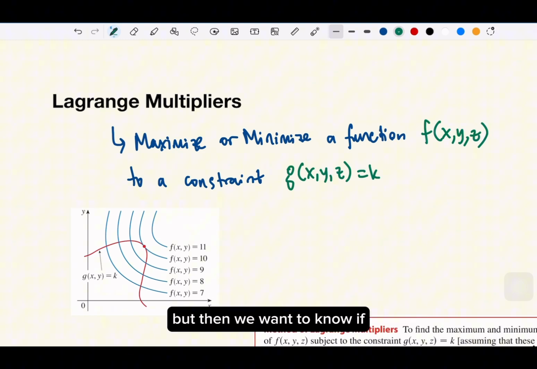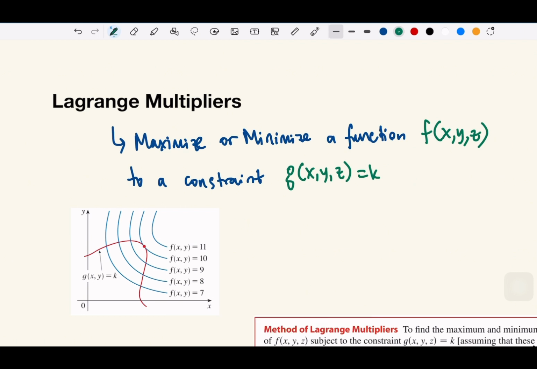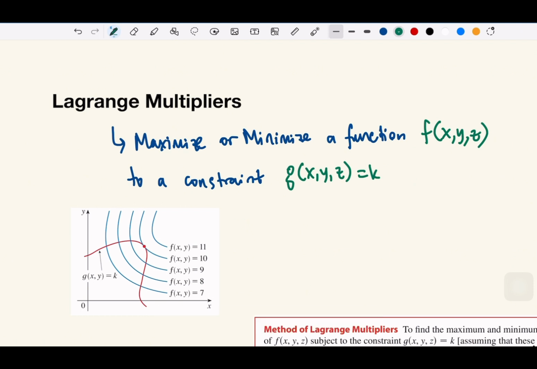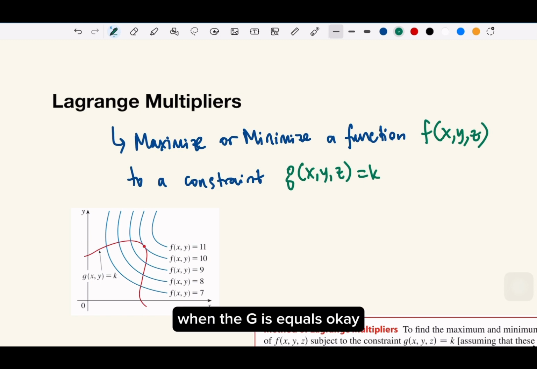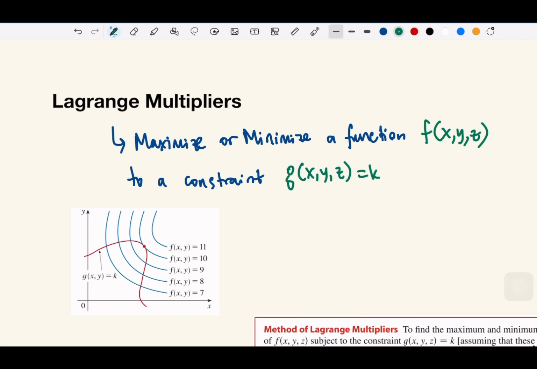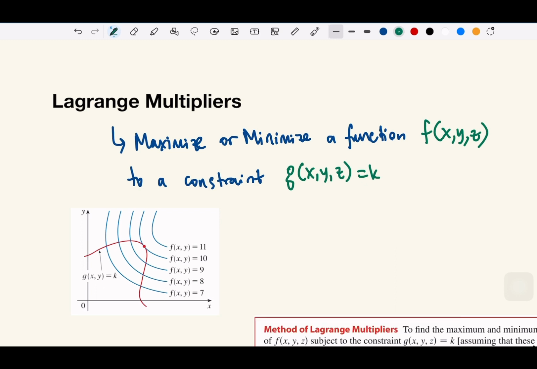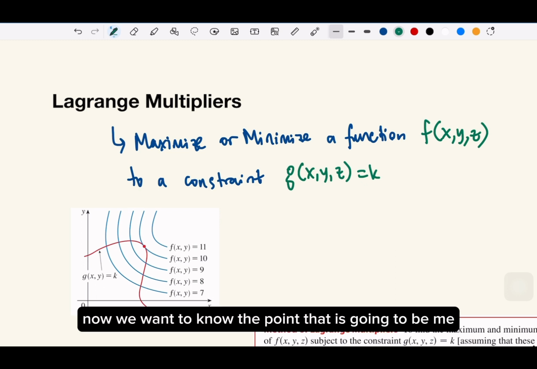But then we want to know when f approaches g, when g is equal to some k. So this is the g here, and of course we get some point here.